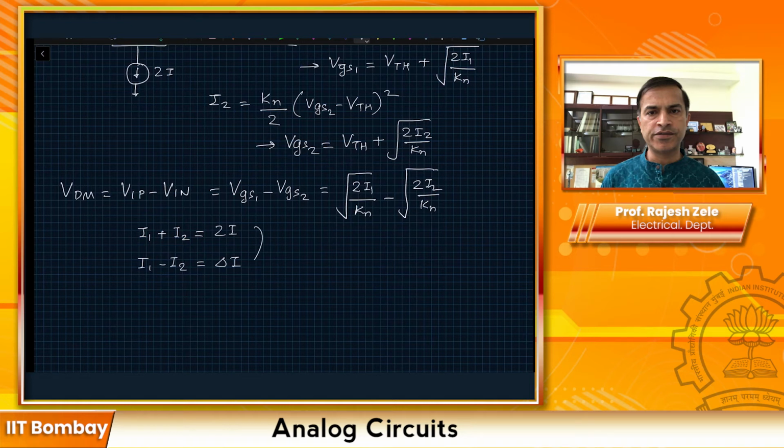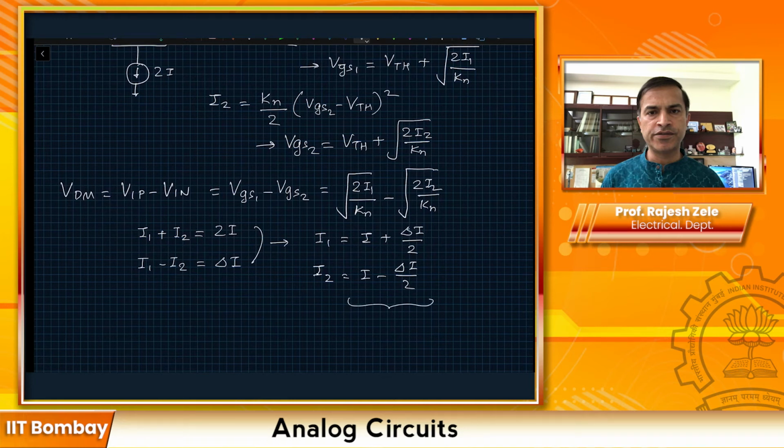If you use these two expressions, then I1 will be equal to I plus delta I divided by 2, and I2 will be equal to I minus delta I divided by 2. This tells you there is a common mode current and a differential current, delta I being the differential current.